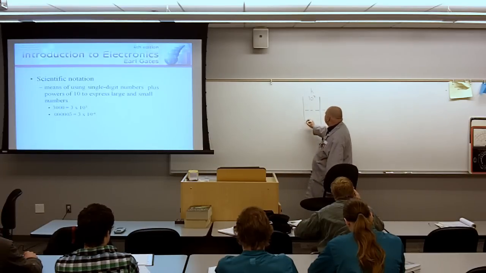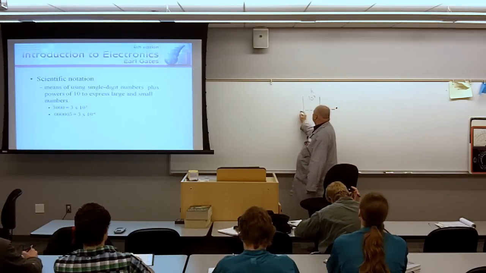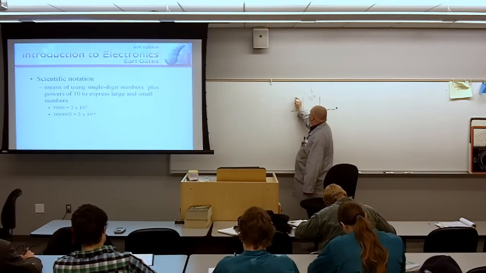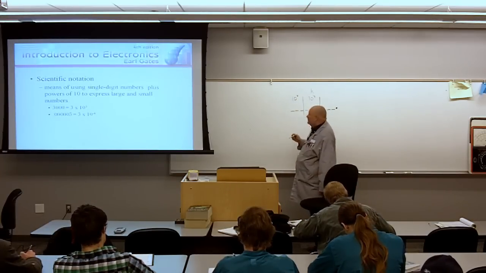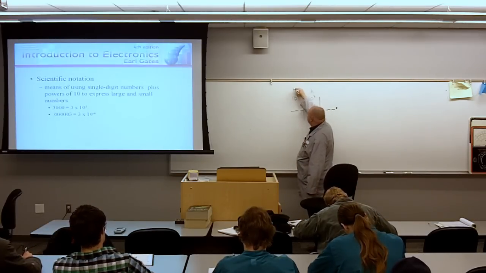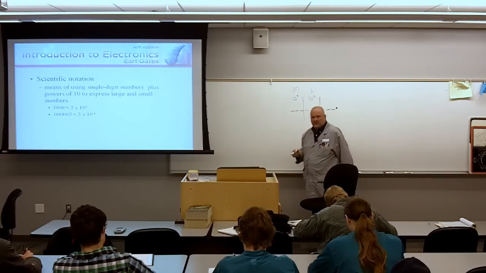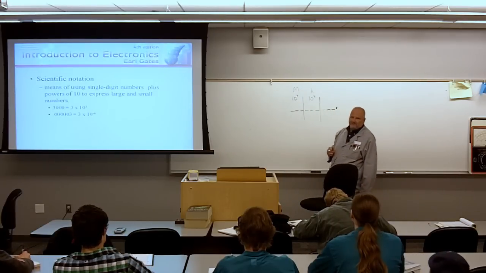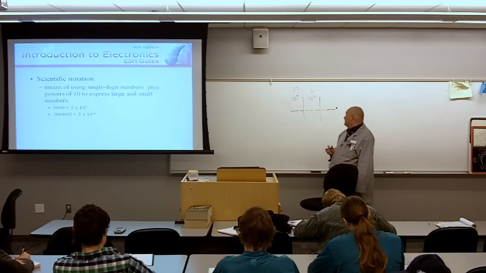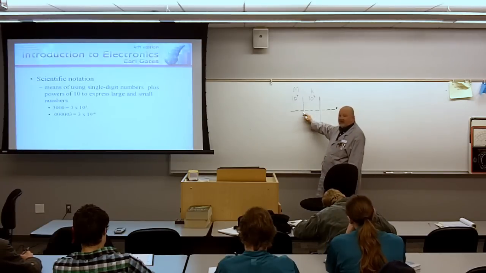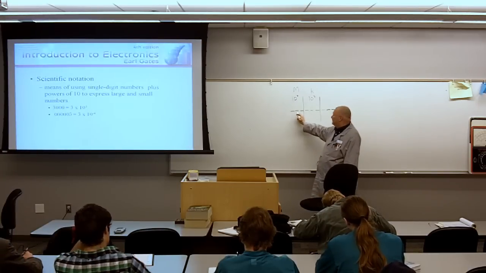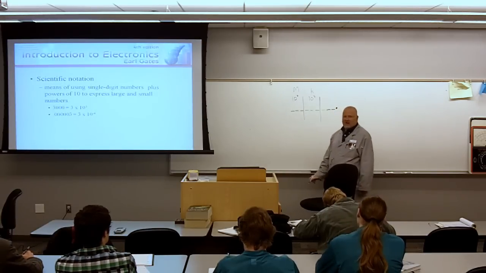So 3 more places past the decimal point: 1, 2, 3. This is times 10 to the 6th. We're going to call this mega. Mega. And in actuality, it's like millions, right? 1 million, 10 millions, 100 millions. Mega.